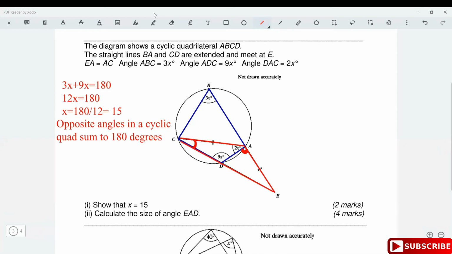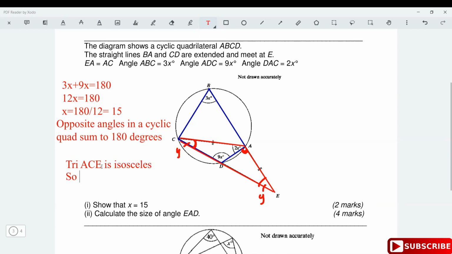If this is isosceles, then we can call this angle y, and call this angle y. Don't forget those two angles must be equal since it's isosceles. So you can tell triangle ACE is isosceles.